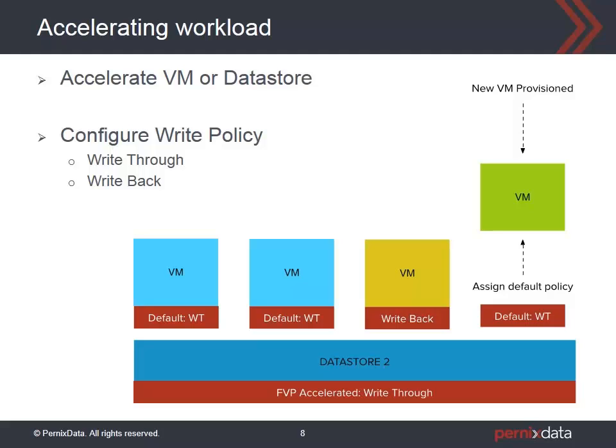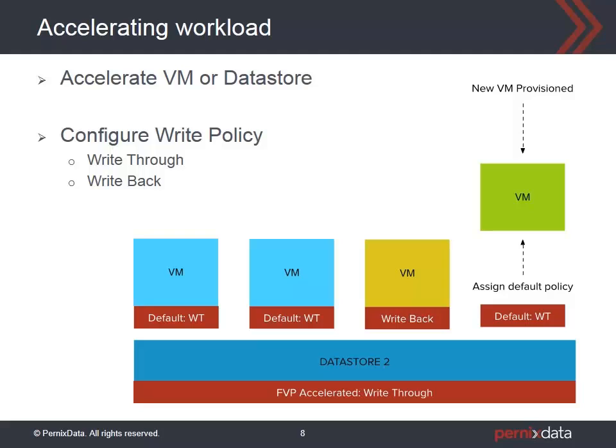Right? We even have a customer who uses this in vCloud Director where they have provided VDCs based on SLAs, so that tier 0 has a connection with the data store cluster, and that data store cluster contains data stores accelerated by FVP.